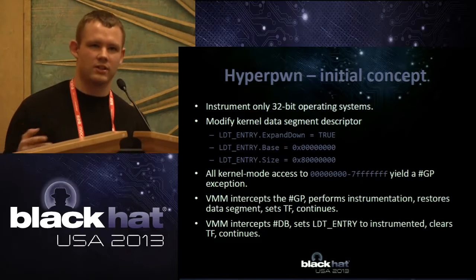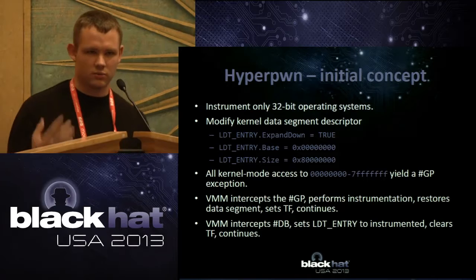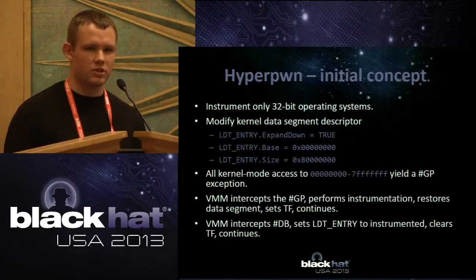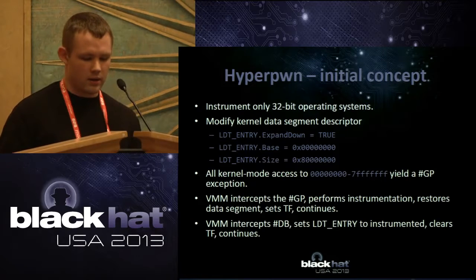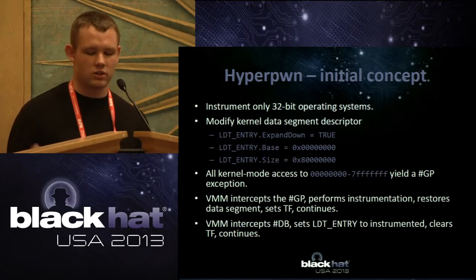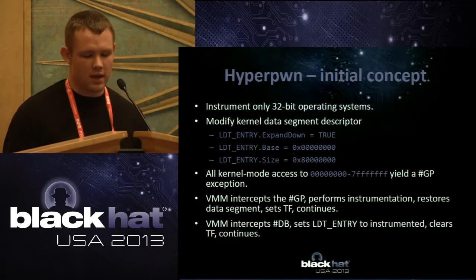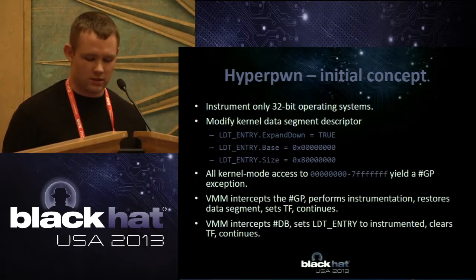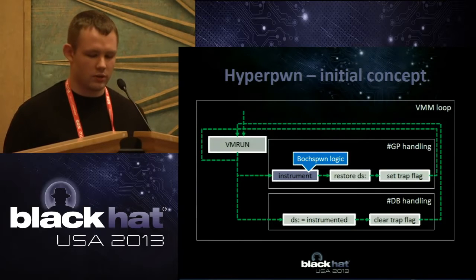This would result in having the same base as the kernel's, so all of the memory fetches would still work, but an exception would be generated for all fetches from user mode performed by the kernel. The VMM would intercept the exception, perform the instrumentation in the same way as in Bochspwn, then restore the data segment and set the trap flag, so that the one instruction can execute, and then continue. This would be pretty straightforward.